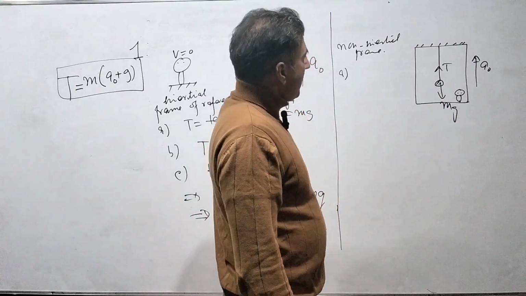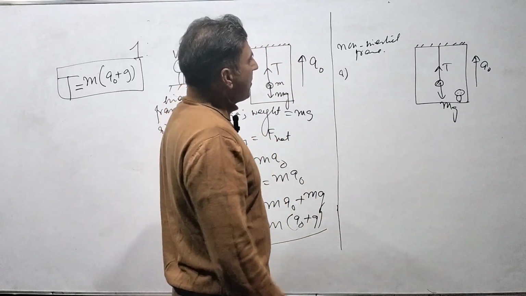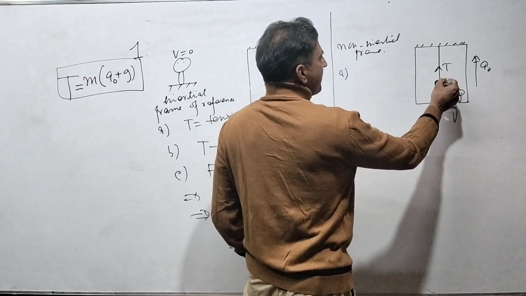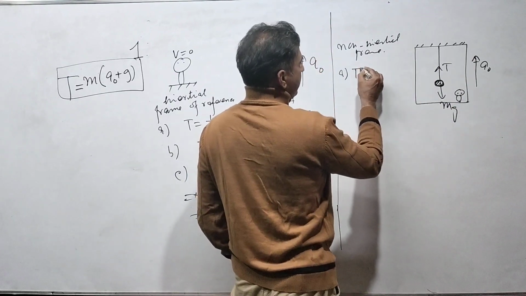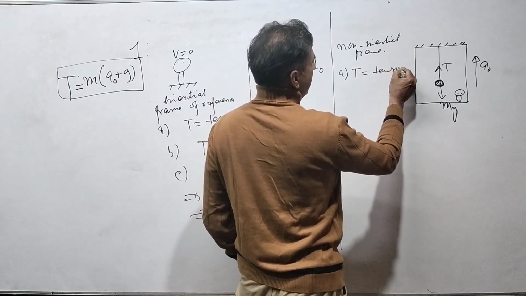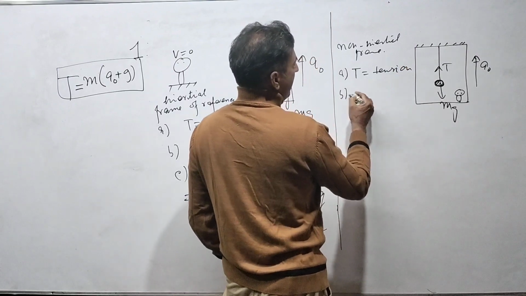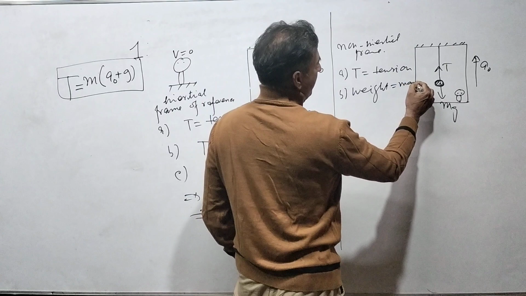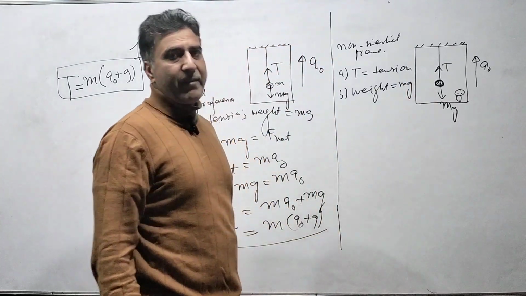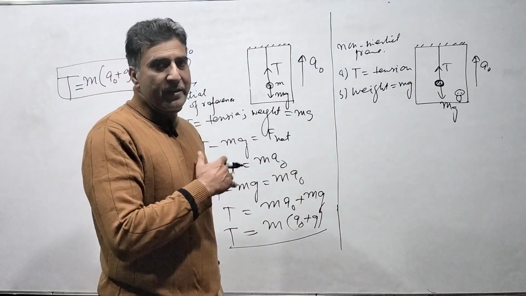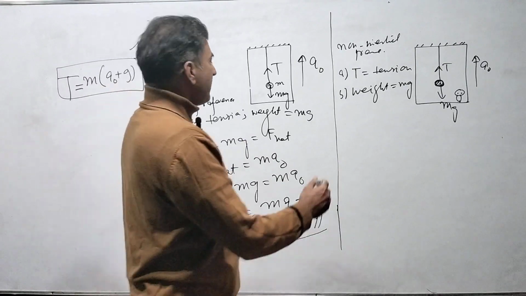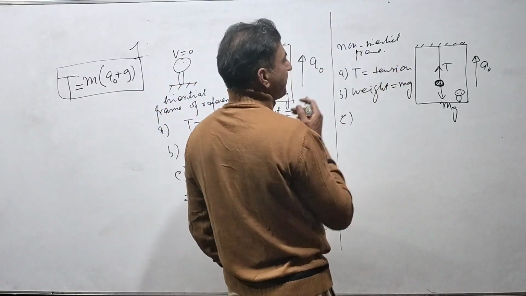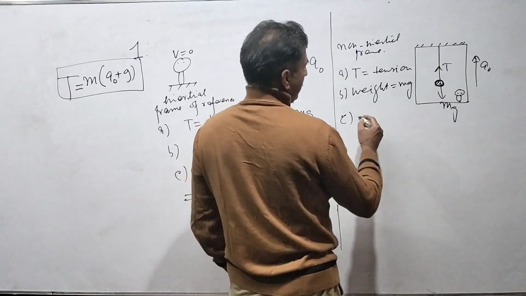Now, what are the forces for this person on this bob? A, tension. B, weight, that's mg. These are real forces, which are always real for everybody, whether non-inertial or inertial. Now there's a third force, C. That force is what we call pseudo force.